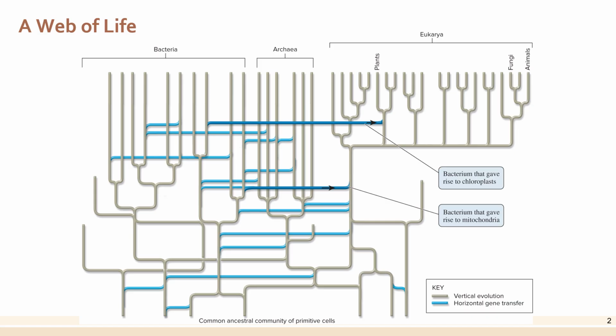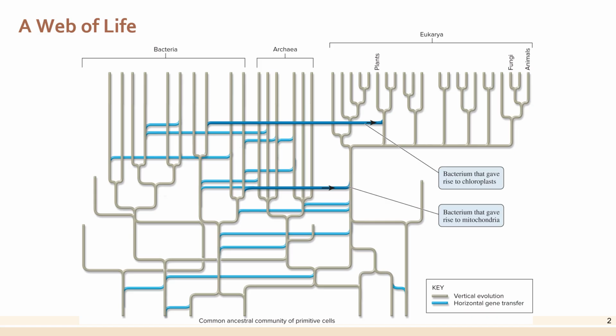So we can see here that this horizontal gene transfer indicates that there's been extensive sharing of genetic material across domains. We see sharing within kingdoms of bacteria, across domains between bacteria and archaea, between bacteria and eukaryotes, and between archaea and eukaryotes.